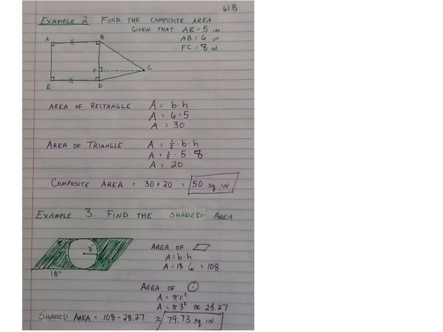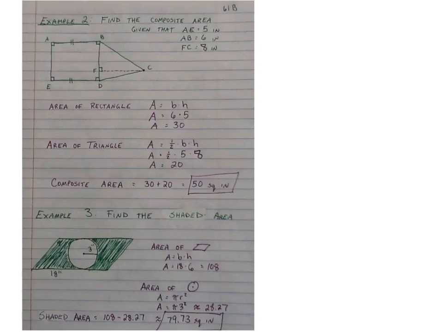Example 2 says find the composite area. In this drawing, it appears as though we have rectangle ABDE and a triangle BCD. They give us the measurements: AE is 5, which means BD is also 5, and AB is 6, which means ED is also 6, and then they give us the height of the triangle as 8 inches.